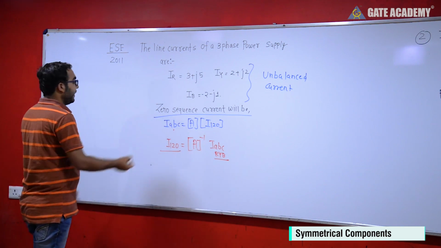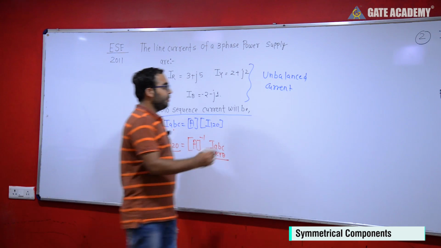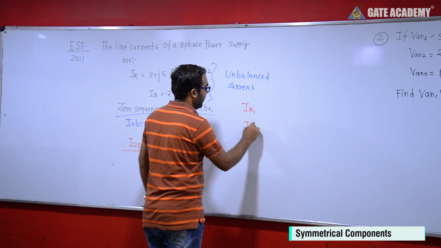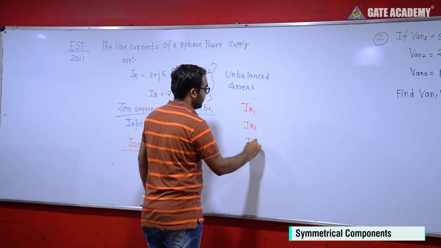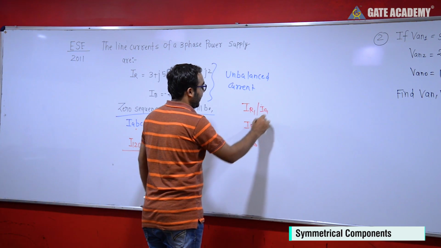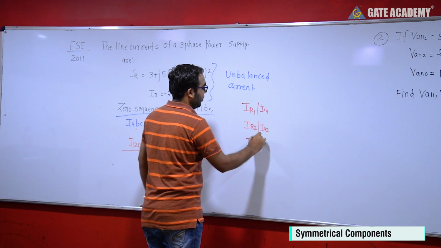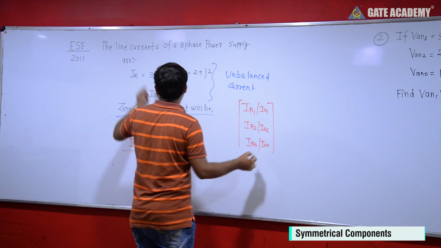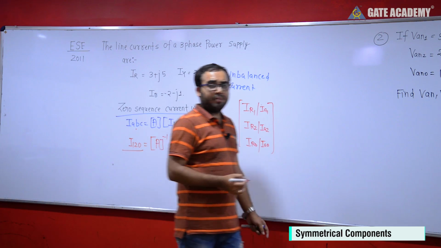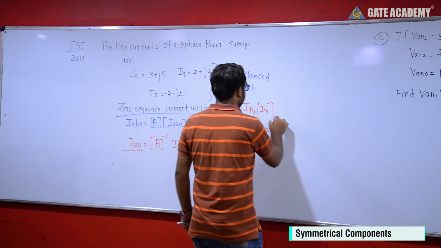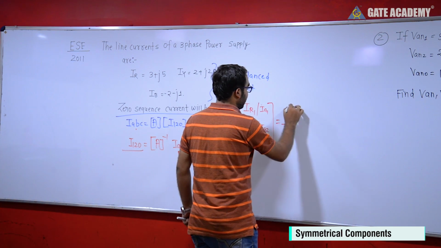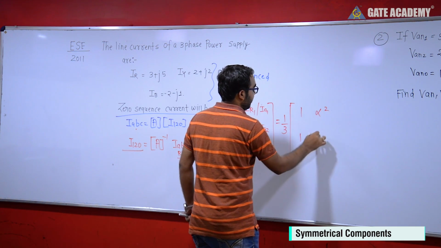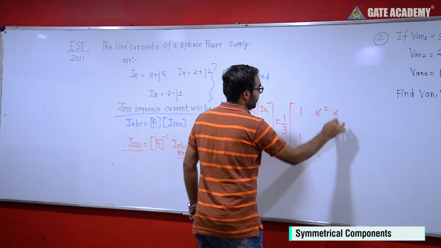Now let us write it. Let us take I120, so we know IR1, IR2 and IR0, similarly to IA1, IA2 and IA0, because the reference is phase A. Here the reference will be phase R because it starts from R. This is the simple nomenclature. We will use 1 by 3 times the matrix.